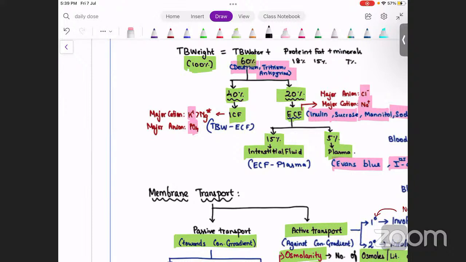Sodium. Very good. And what type of dye do we use for the measurement of plasma volume?